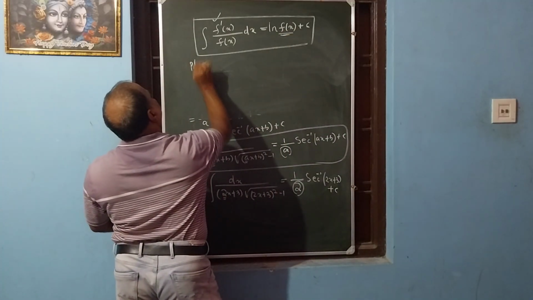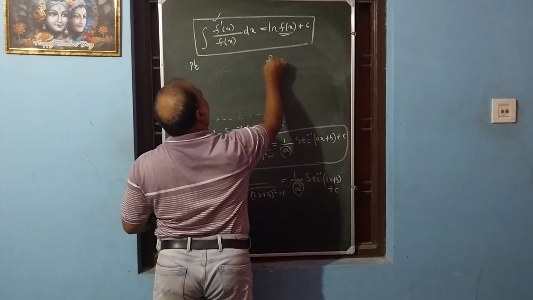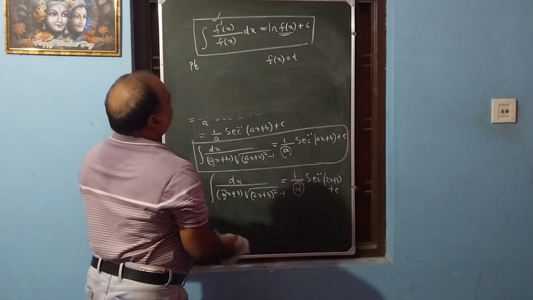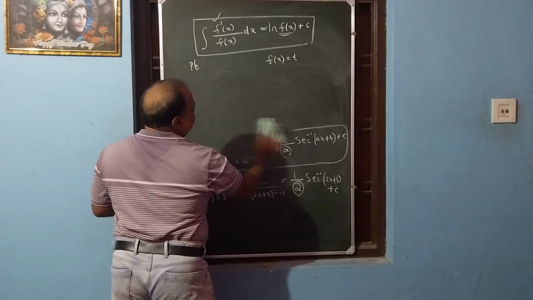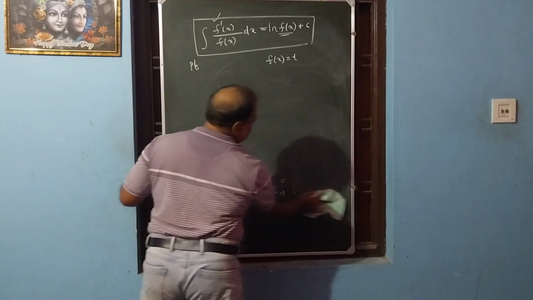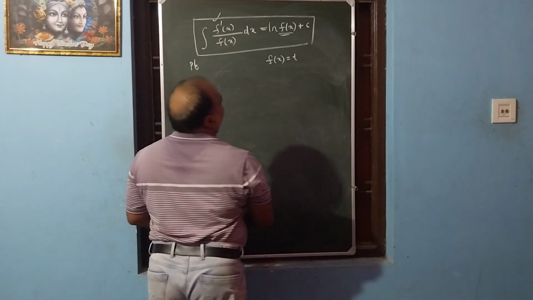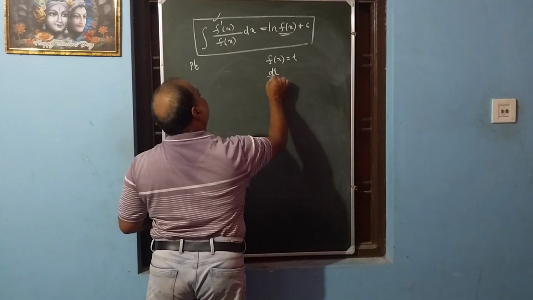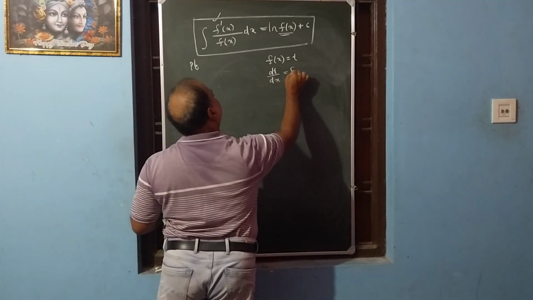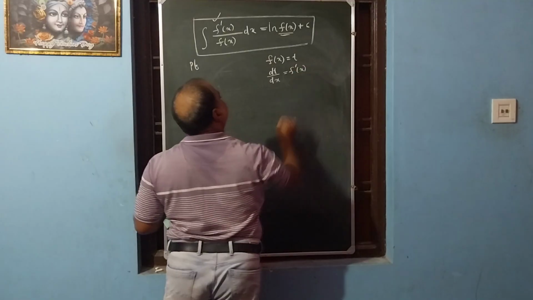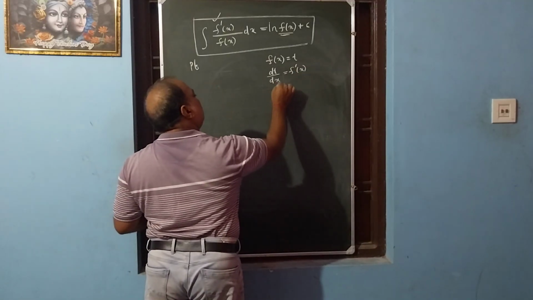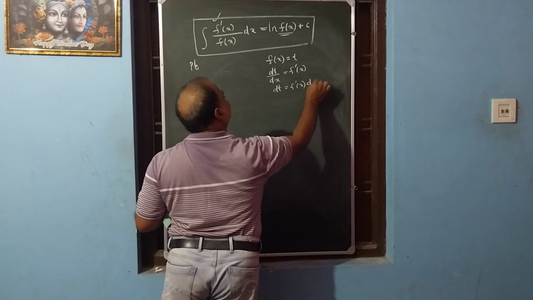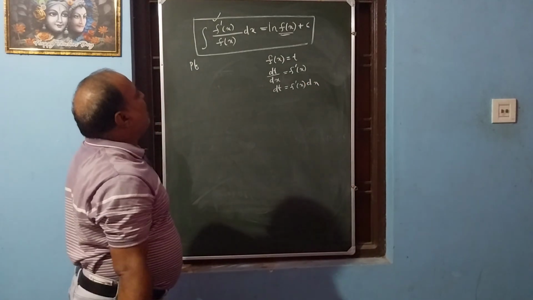Proof. You have to take f of x is equal to t. Then differentiating on both sides with respect to x, we get dt by dx is equal to f dash x. So dt is equal to f dash x dx. Then integration value will be changed.